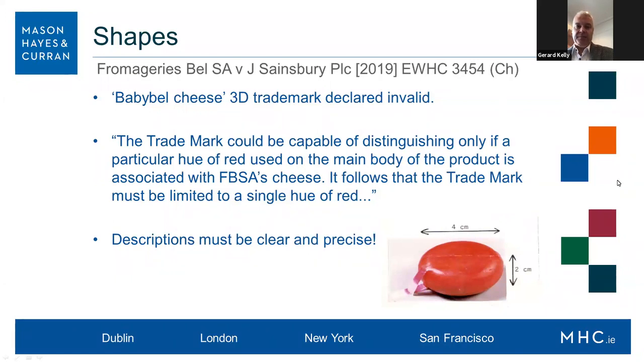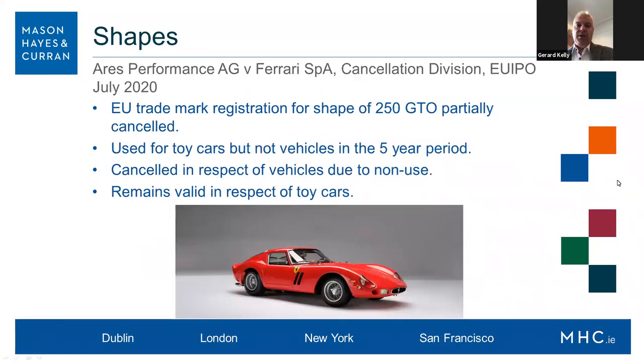So moving on then, another example of shapes which fell foul recently of an invalidity action. And this is the Ferrari 250 GTO, which is the most expensive car in the world, as I understand it. If you have 52 million pounds, you might be able to buy one. They were obviously done in a limited run in the 60s, and haven't been produced since.